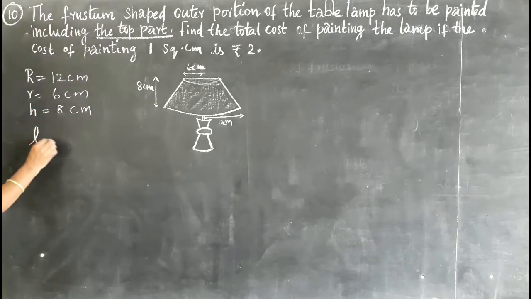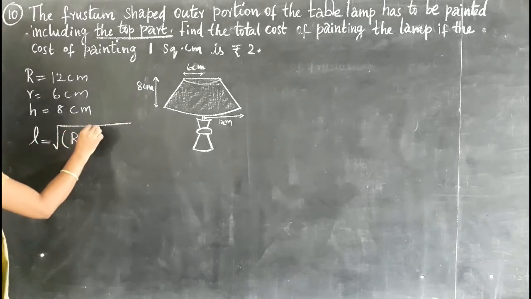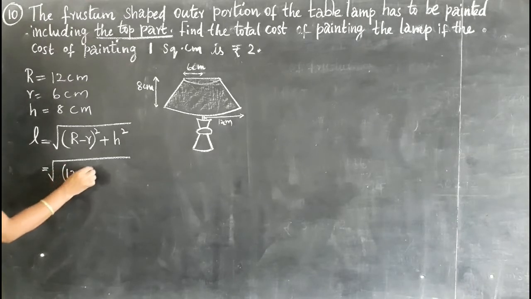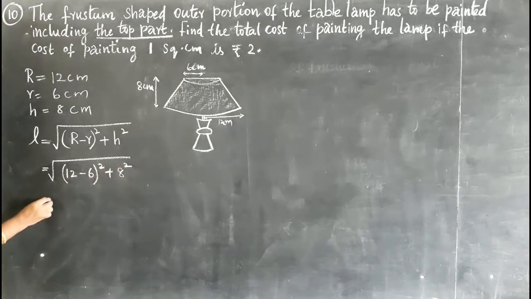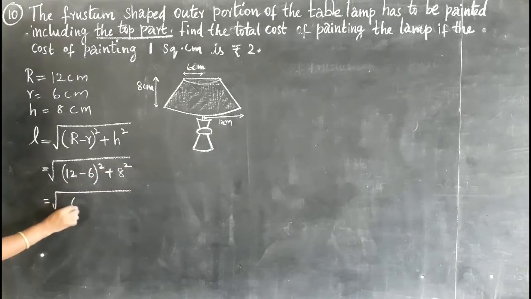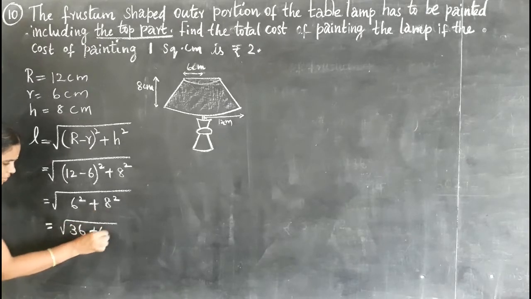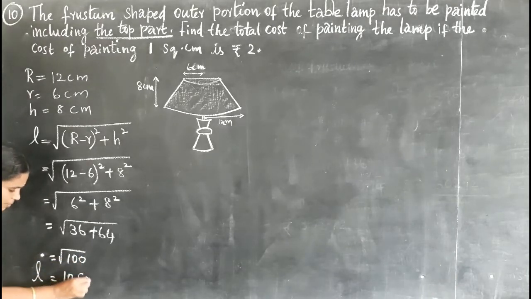Slant height L is equal to square root of (capital R minus small r) whole square plus h square, which is 36 plus 64, square root of 100. So slant height is equal to 10 centimeter.